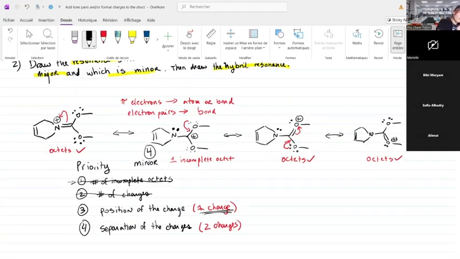So the position of the charge. So if we look here, we have the positive charge on the nitrogen. Here we have the positive charge on the oxygen. So remember that we want to put a negative charge on electronegative atom.